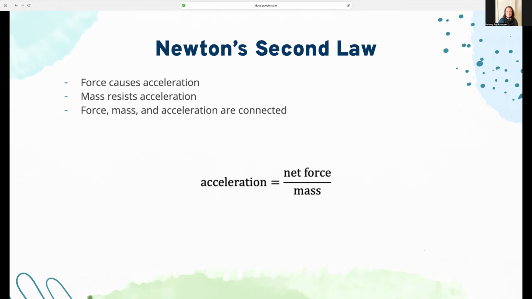So an object is going to have a bigger acceleration if there's more net force on it or if it has less mass. Because remember, we have mass on the bottom of a fraction, and the smaller the denominator, the bigger the overall result. And you can always test that. You don't have to always have a feel for it. It can make sense to just type in 1 divided by 2 and 1 divided by 20 and see how different those are.